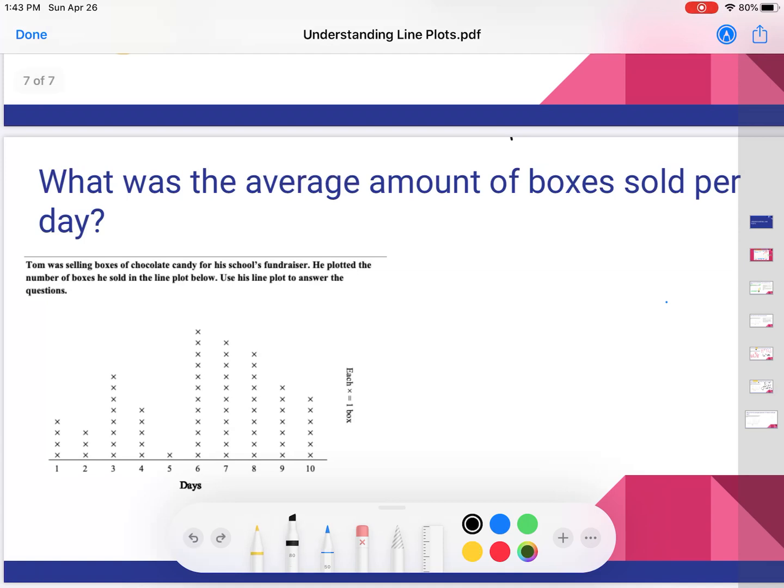Did you say average? If so, you're right. Average tells us that we have to divide. But there are a few extra steps when finding the average. So it may be more helpful if we write out a number model to help us solve. Our number model would look something like this.